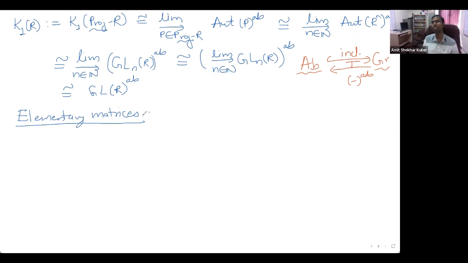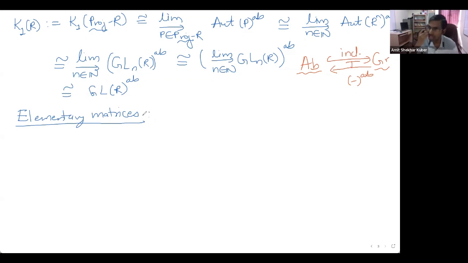But now we have to recall some of the basic techniques of linear algebra, that for any matrix which is invertible, you can apply elementary row operations and elementary column operations on it to convert it into a diagonal matrix.